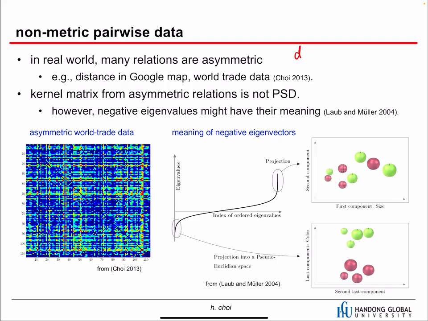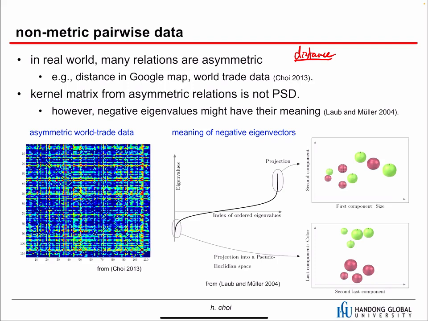The distance should mathematically be a metric. To be a mathematical distance, there are three conditions. If the distance is actually a mathematical distance, then the inner product derived from this distance should be positive semi-definite.